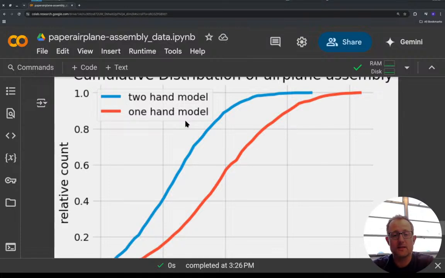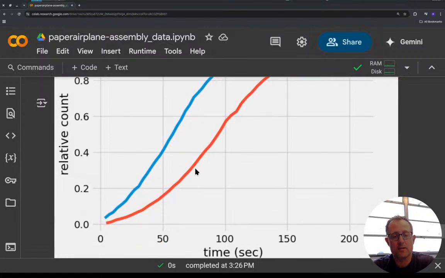But as management, you could look at this and say, well, it's only a 30-second deficit, but people have two hands. So I could tell everyone, you have to fold two paper airplanes at one time, so that although you're building both of them slower, it's only 30 seconds slower.